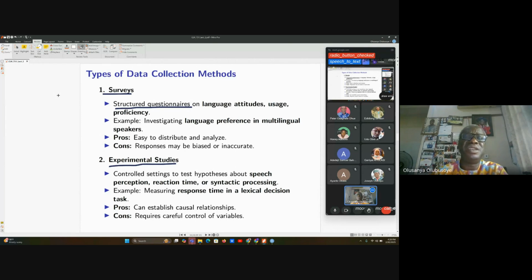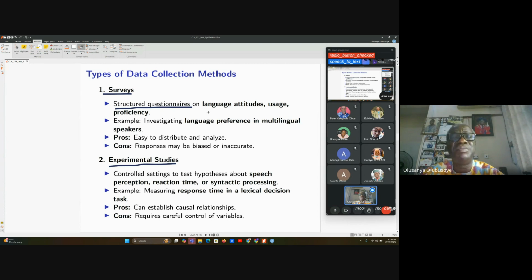In a structured questionnaire, you specify precisely the information you require from your respondents. It could cover language attitudes, usage, proficiency, and so on.